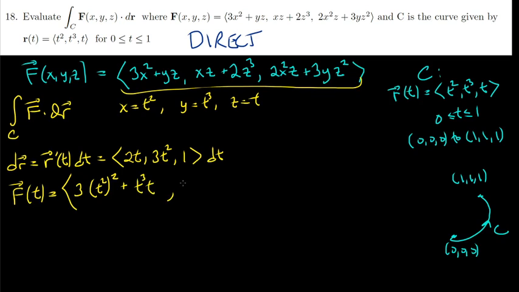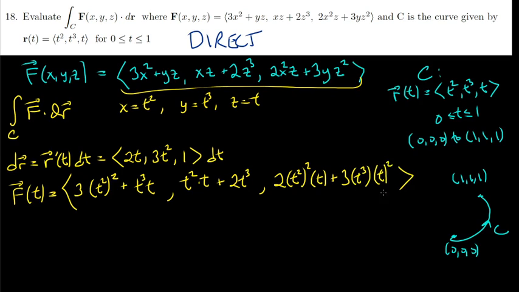The second component is x times z, so t squared times t, plus 2 times z cubed, so that's just 2 times t cubed. And then 2x squared, so again t squared squared, times z, which is t, plus 3yz squared. So y is t cubed, and then z squared is, well, t squared.